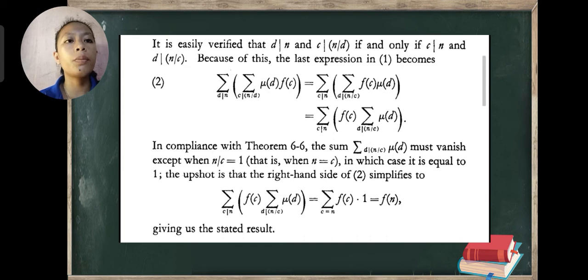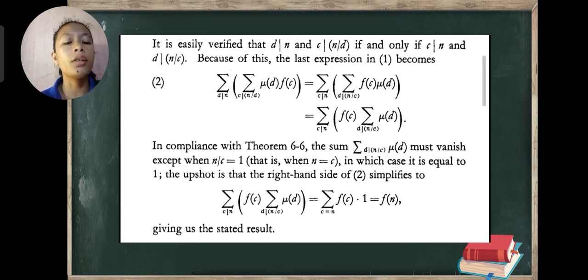Because of this, the last expression in equation 1 becomes, in equation 2, the sum over d dividing n of the sum over c dividing n over d of mu of d times little f of c, which is equal to the sum over c dividing n of the sum over d dividing n over c of little f of c times mu of d, which is equal to the sum over c dividing n of little f of c times the sum over d dividing n over c of mu of d.